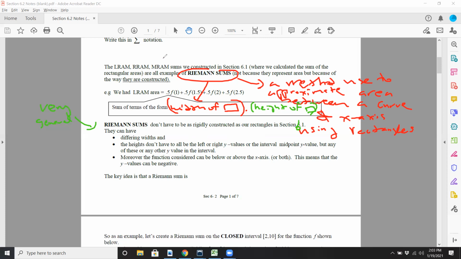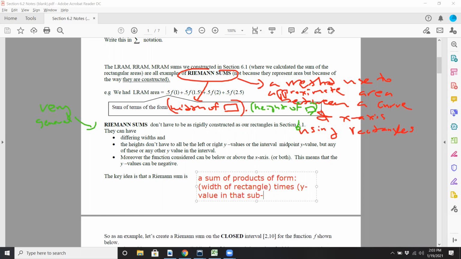So the key idea, and let me do this as a text box, is that a Riemann sum is a sum of products of the form width of rectangle times the y value in that subinterval.